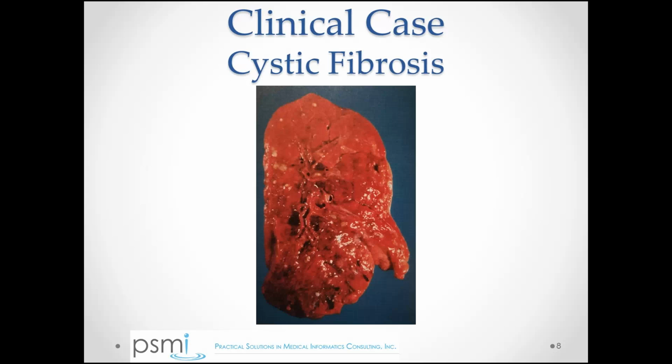And the pediatrician suspected that he had cystic fibrosis and ordered a sweat chloride test and found that the sweat chloride level was very high, consistent with cystic fibrosis. And so this patient was then referred to a cystic fibrosis clinic for further counseling, mutation testing, and treatment.